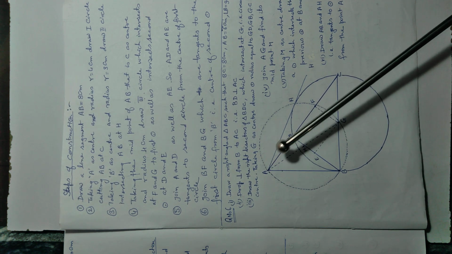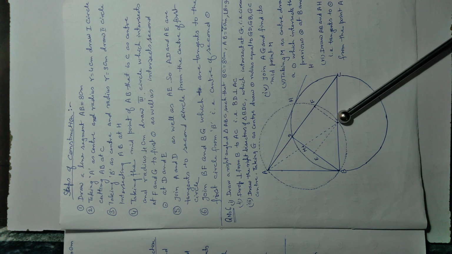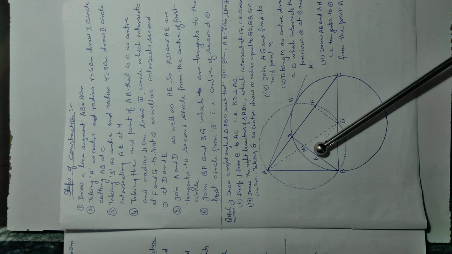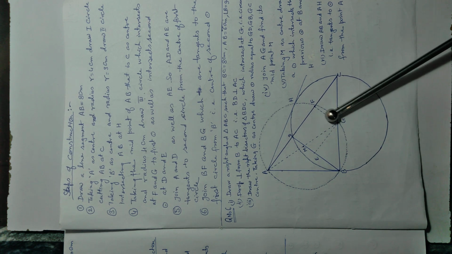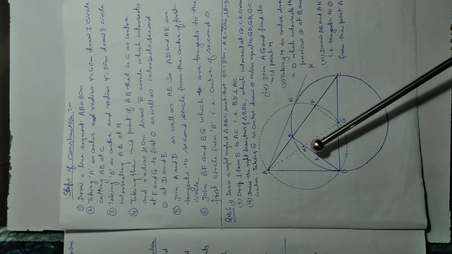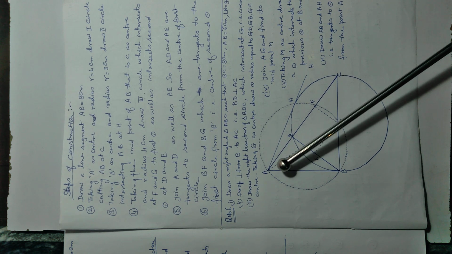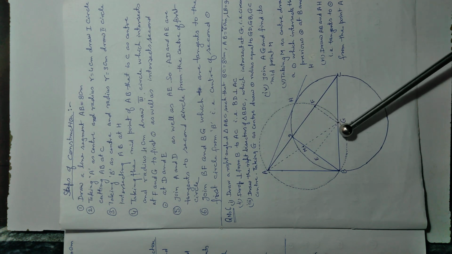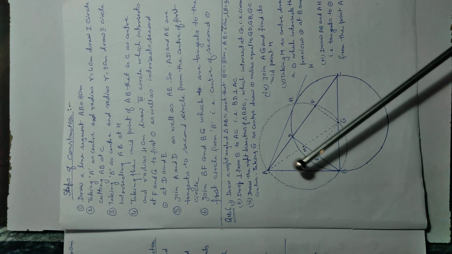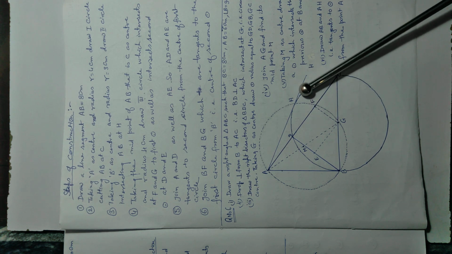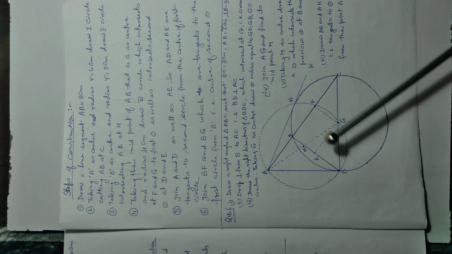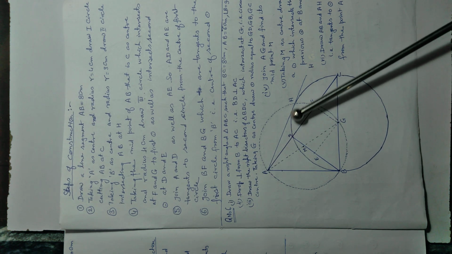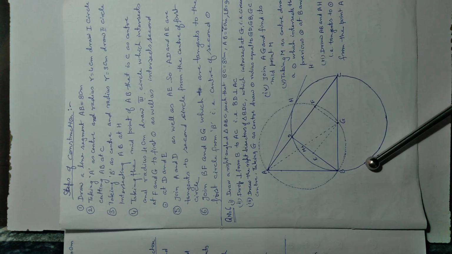Now join AG. AG को ज्वाइन किया और इसका मिड पॉइंट निकालेंगे, that is M is the midpoint. Now taking M as a center and radius equal to MA or MG, draw a circle which will pass from A, B, G, H. So now draw a tangent, join AH and AB.